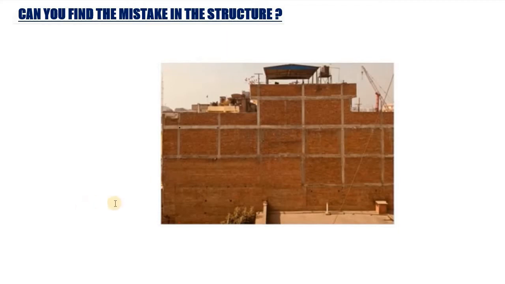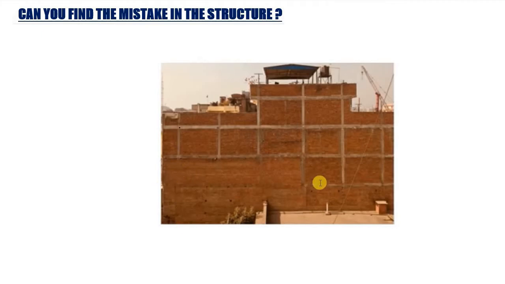Now, if you think the problem is located somewhere here, as you can see, we don't have any column or any beam on this part of the structure. So if you think this is the problem, then I'm sorry to say you are completely wrong, because there is no way a structural designer on this earth is going to design a structure that will have no column extended to the footing and no beam here.